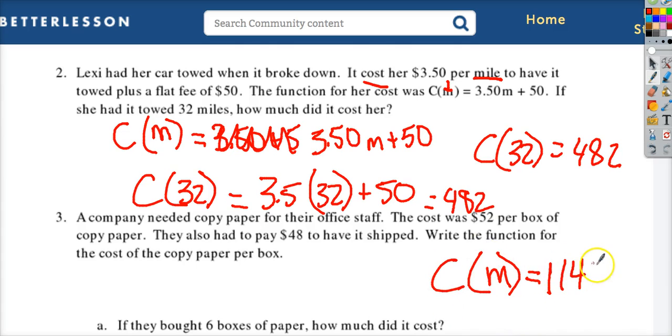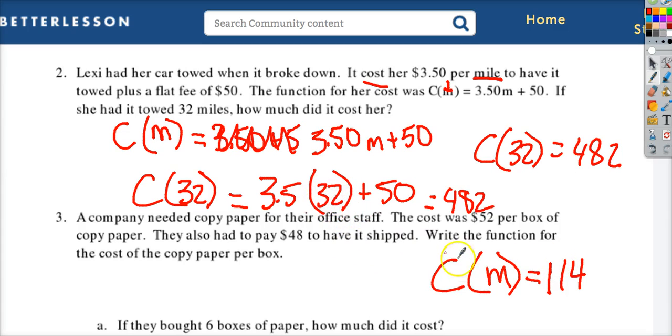What does C of M equals 114 mean? That means the cost for driving how many miles is going to be $114. Say I have $114 and you're wondering what the cost for driving that amount of miles would be, right? How many miles does it take to get to $114?